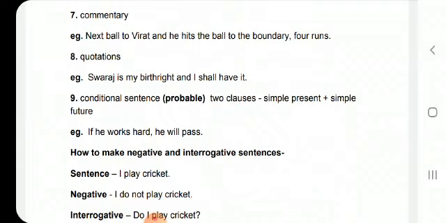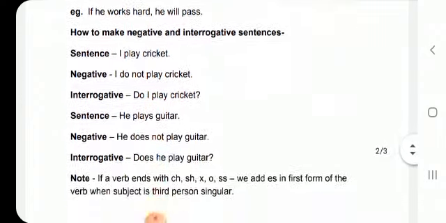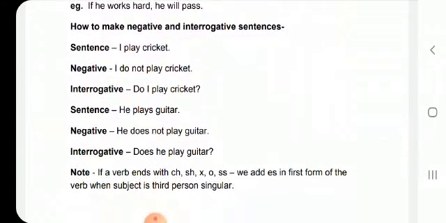Now, an important thing is that we should know how to make negative and interrogative sentences by using simple present. Let us take some examples. Sentence number 1, I play cricket.